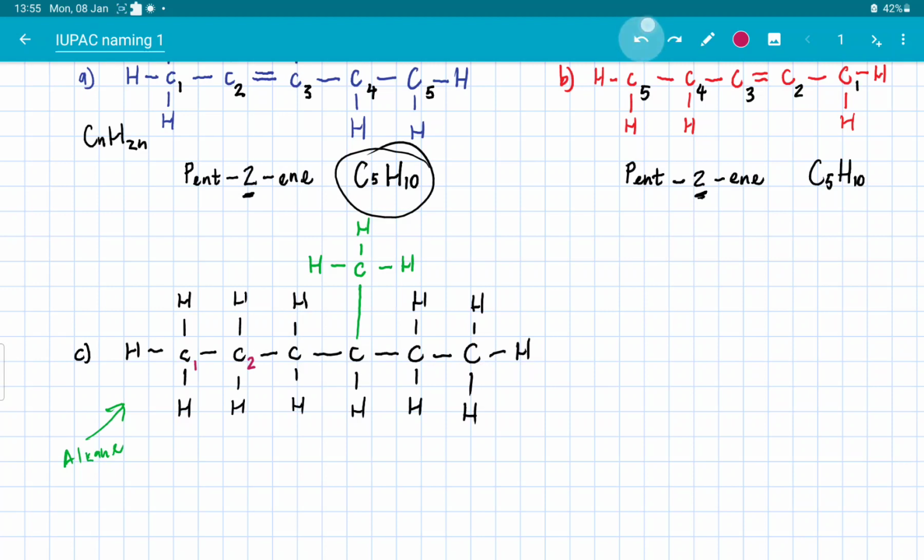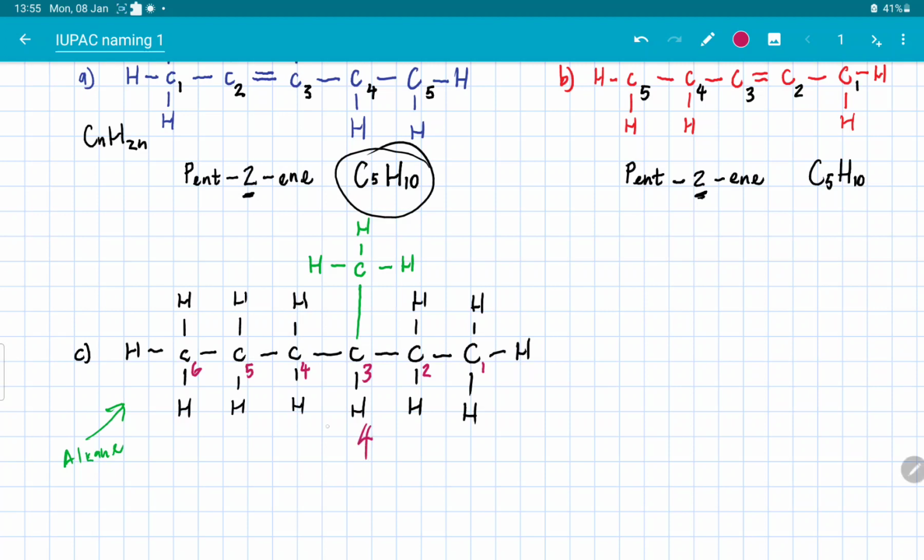However, when we count from this side, 1, 2, 3, 4, 5, 6, if you count from the right, it occupies carbon 3. Remembering that when we start from the left we occupy carbon 4.